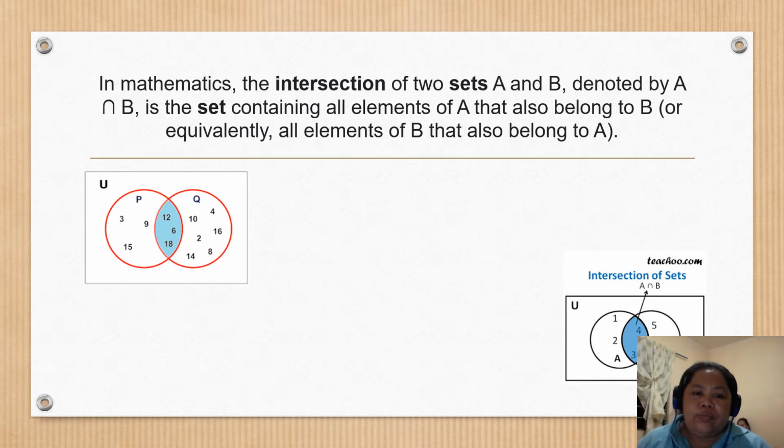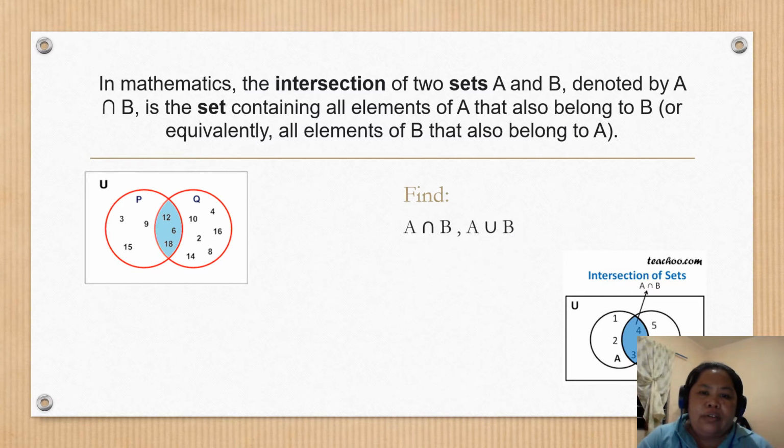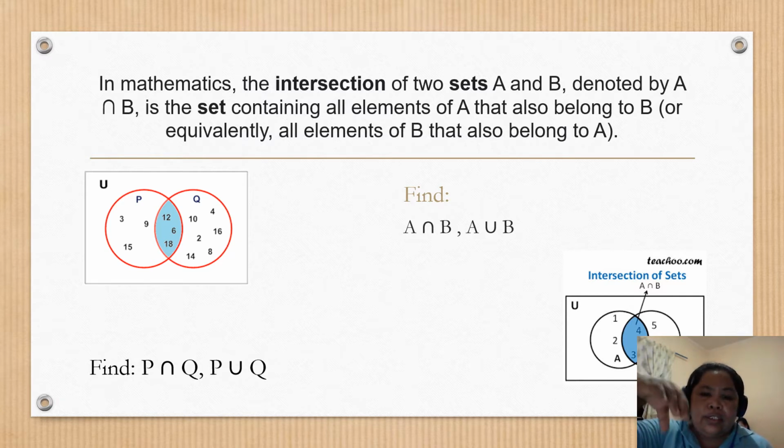So what are we going to do? Let's find A intersect B and A union B. And then on the other picture, we will find P intersect Q and P union Q. Okay? So the Q, parang cup yan. Pag nakataob, intersection. Kapag nakataas, union. Okay?